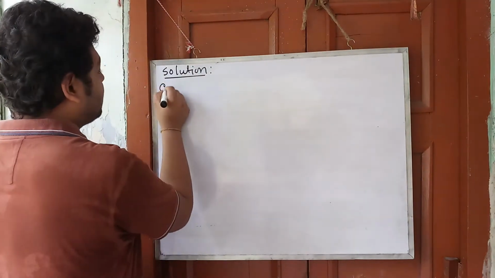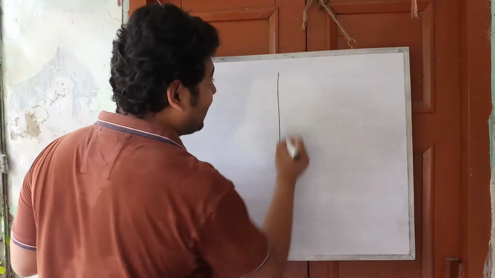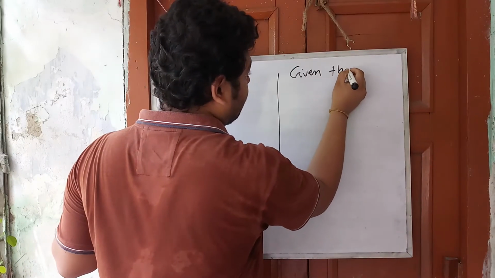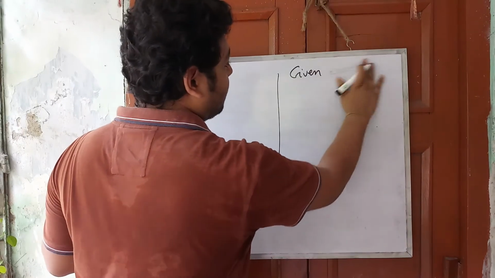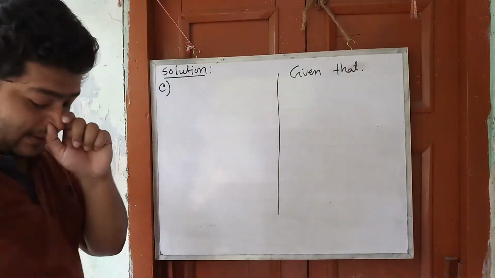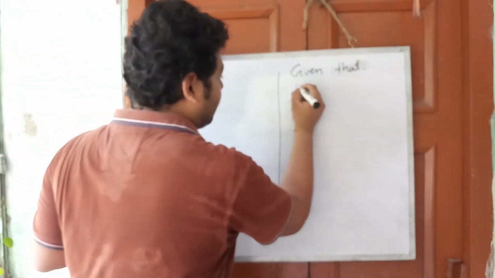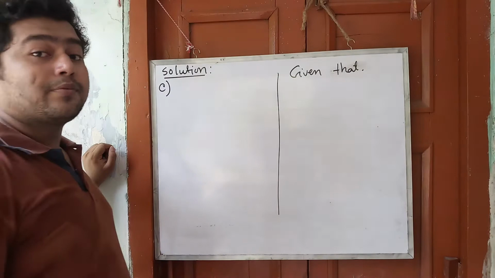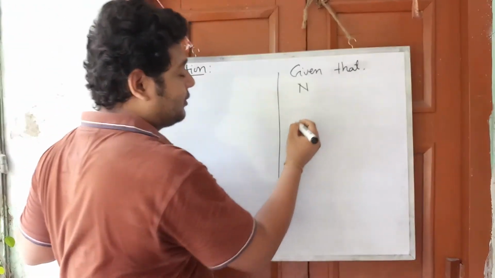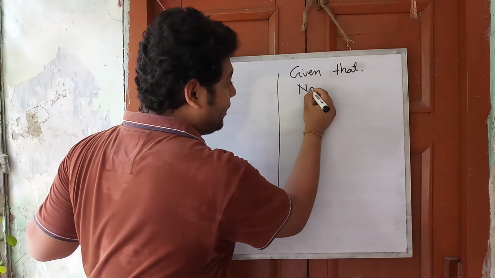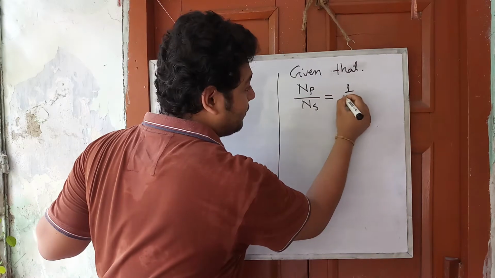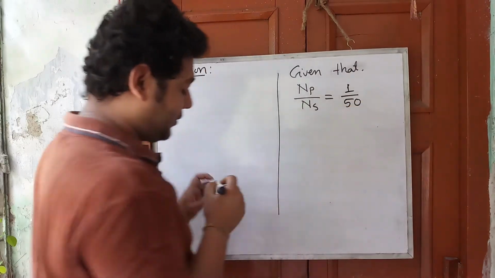Here, solution for C. Here we have given that the ratio of number of turns of primary and secondary coil NP by NS equal to 1 by 50.